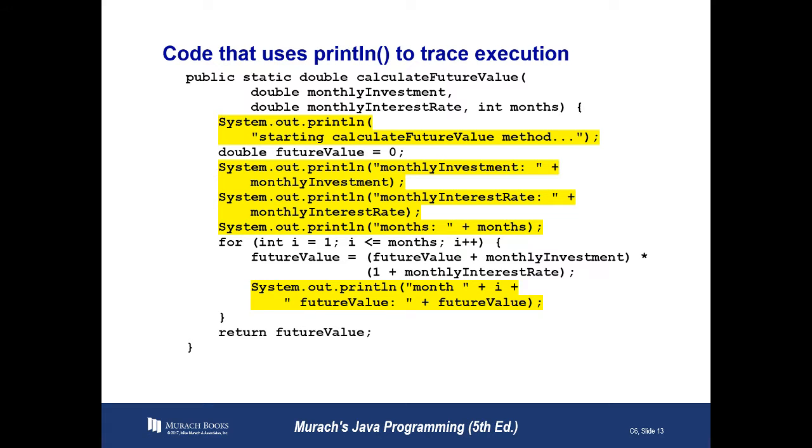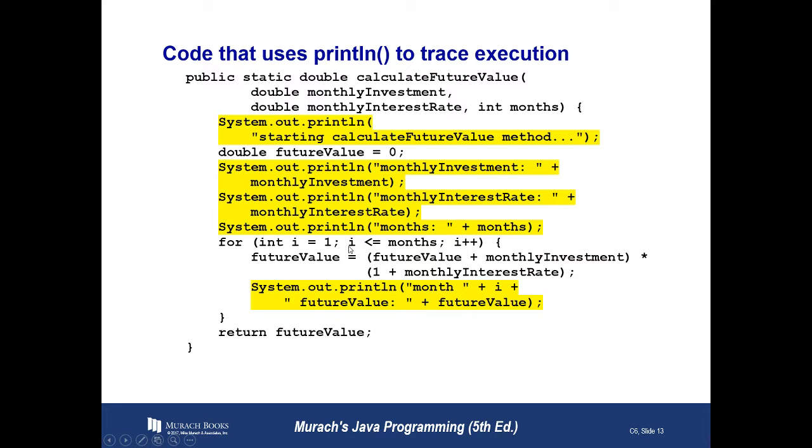We can insert println statements in our code to figure out where things are going wrong. So to do debugging, we can trace our own execution by adding our own debugging code. So in this example, we are looking at the calculate method, and we've added a print statement to say started in the calculate future value method, and then we are outputting the monthly investment amount and the interest rate and the number of months.